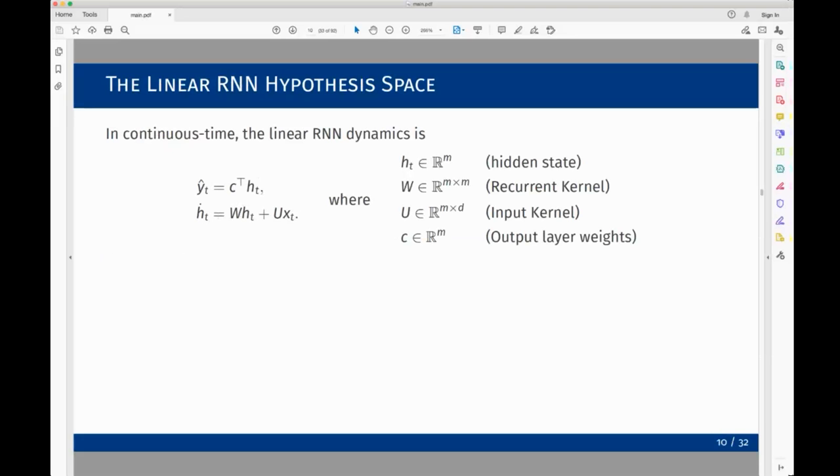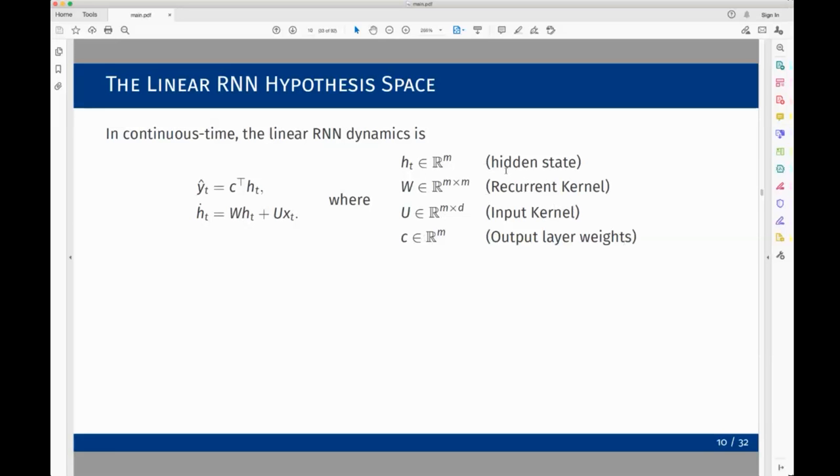Here h_t is an m-dimensional hidden state, and W is called the recurrent kernel, giving the relation on the hidden variable, and capital U is the input kernel, and c is the output layer weights. You can see m, the dimension or size of the hidden state, is some number we can choose a priori.